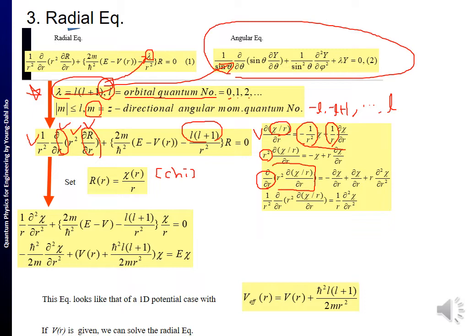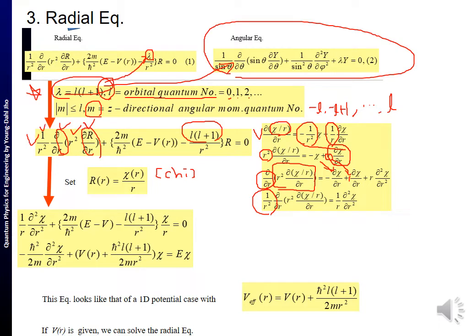Then we have this one. Then minus round chi round r. And this one, again we have a partial derivative. So r becomes 1 after the derivative. So round chi round r plus r round square chi round r square. And then we multiply by 1 over r square.